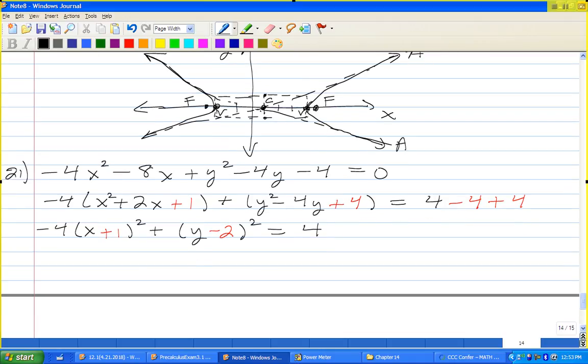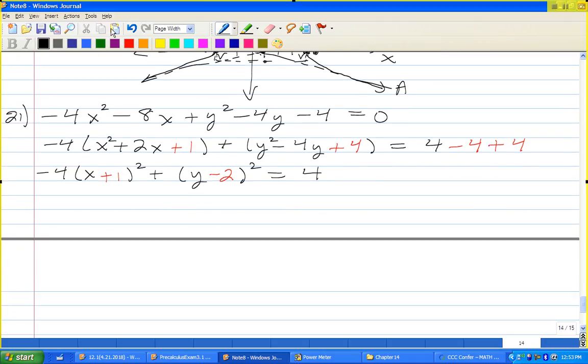Divide both sides of the equation by 4. So you get a negative x plus 1 squared over 1 plus y minus 2 squared over 4 is equal to 1.